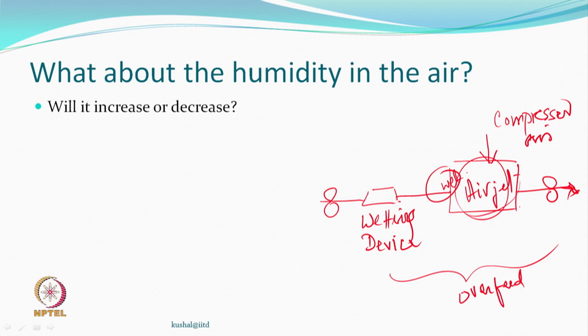Obviously, humidity of the air is likely to increase, because some of the water which is on the surface may get sprayed into the air as it is moving. The air is under pressure, the velocity of the air will be quite high in the jet, and so this is what will happen.